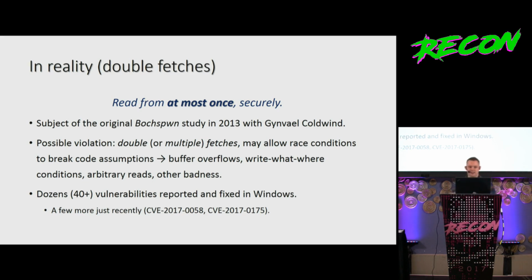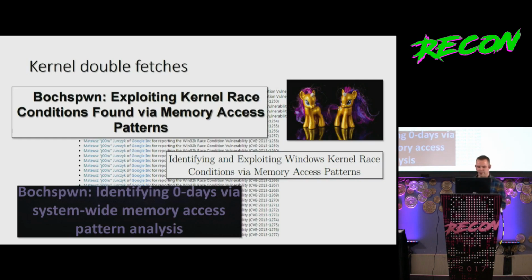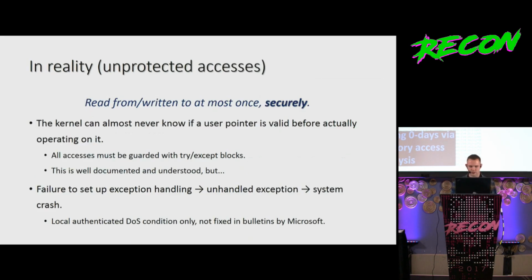This has led to over 40 vulnerabilities fixed in Windows. I also ran Bochspwn, the original one from 4 years ago, just recently, and also found a few more bugs. We wrote a few papers on it, quite a few bugs were found, some presentations, and a Pwnie Award.